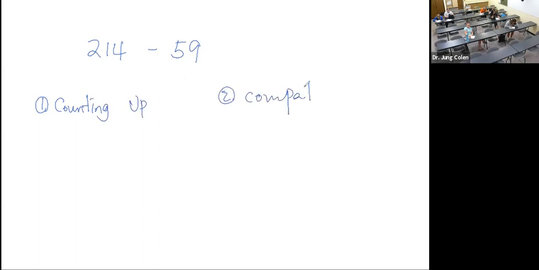Okay, I will give you one more problem such as that. Let's do a little bit harder one: 214 minus 59. How would you solve this problem using adding up? Solve that in your notebook.